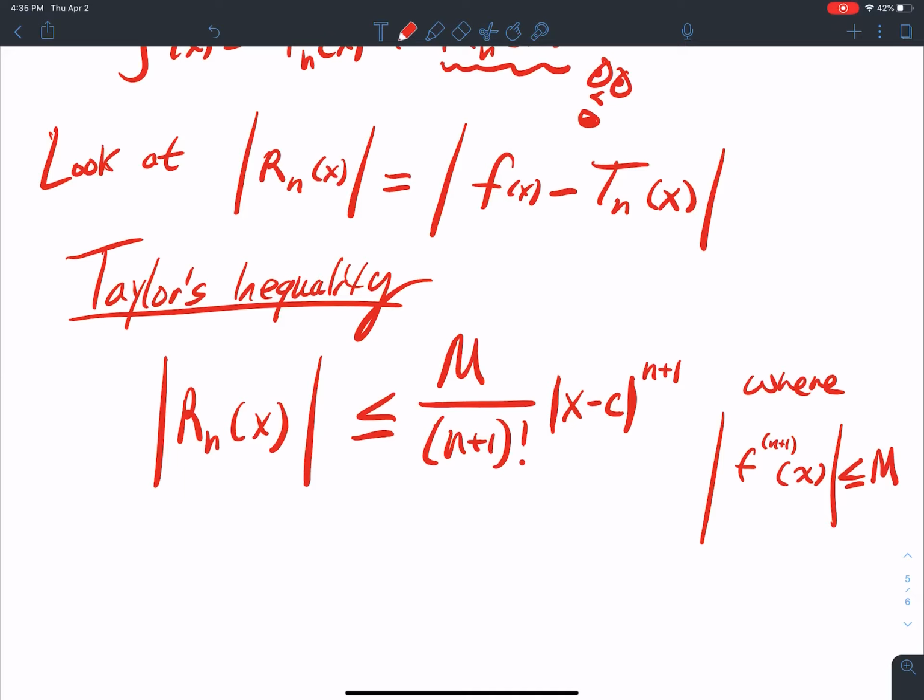If you think about it, it's exactly like when we talked about the alternating series test. We said that the absolute value of the remainder was less than or equal to a sub n plus 1, the n plus 1 term. This is that a sub n plus 1, the x minus c to the n plus 1 term for my Taylor polynomial.